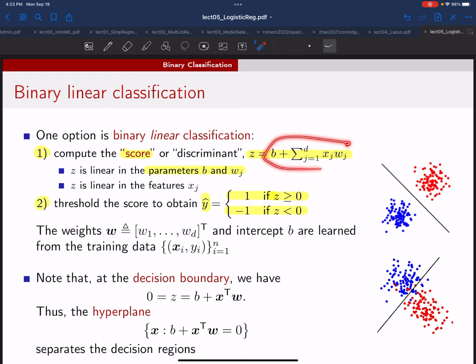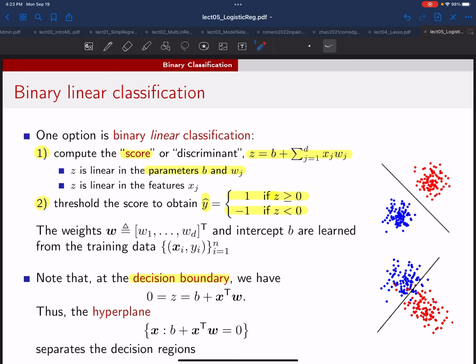And so when we set this to 0, you get this equation. So this is the equation for what we call the decision boundary, the boundary between outputting a 1 or a -1. And we can visualize that as the set of all x, because here we're making plots in the x domain, the set of all x such that b plus x transpose w is 0.